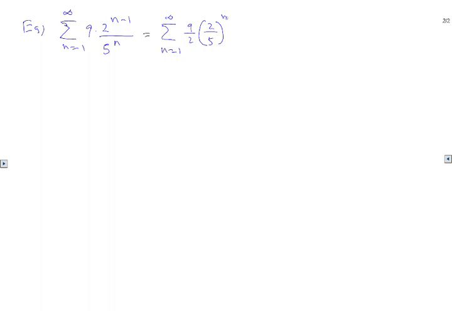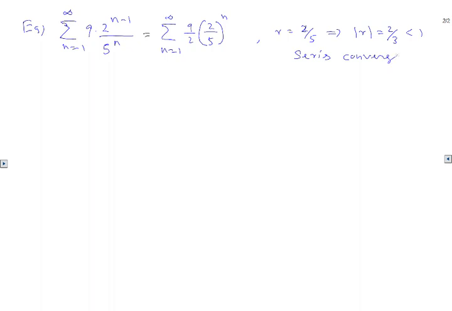It doesn't matter what the index is, just have a common index. Now we have everything we need, and in this case r equals 2/5. So the absolute value of r is 2/5, which is less than 1. So the series converges.